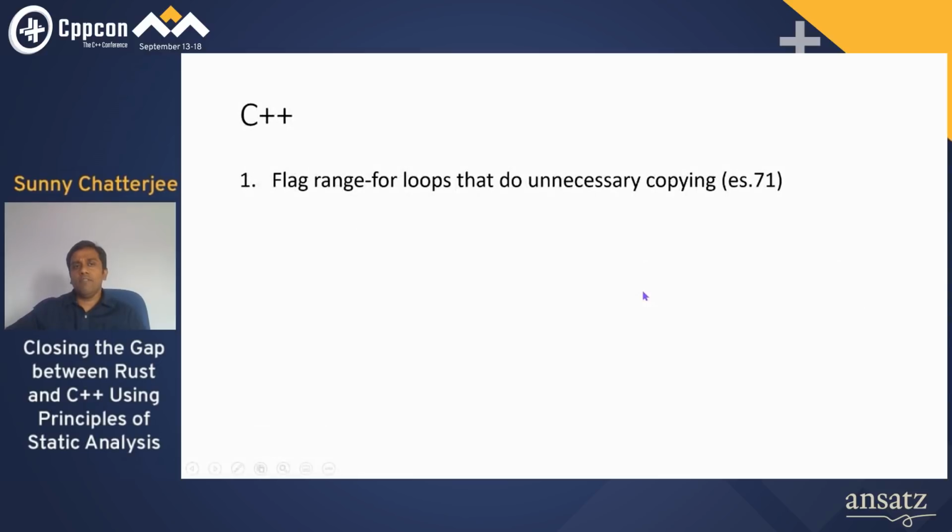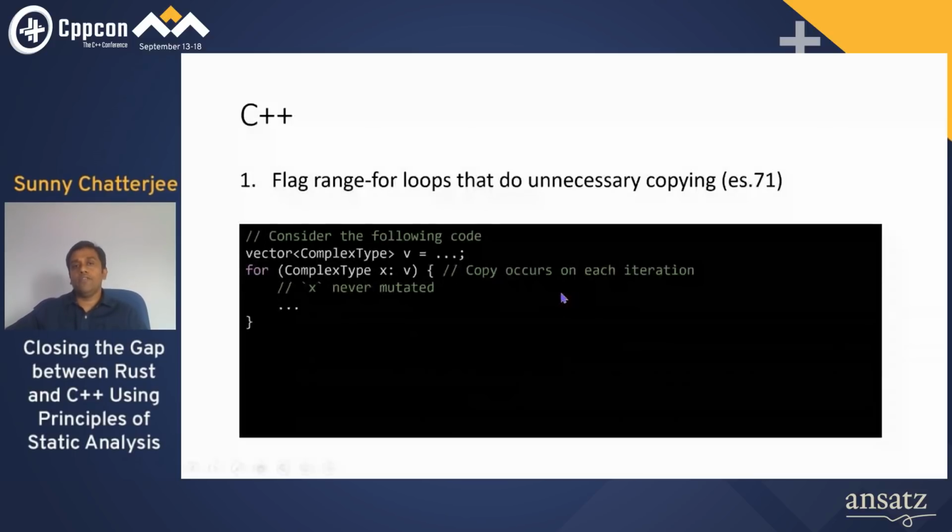In C++, we wanted to see what the side effects of these copies are. One interesting thing that came up was the inadvertent copies that happen in range for loops. So we wanted to flag range for loops that do unnecessary copying. Here is an example where you have a vector which has a complex type, imagine it's an expensive type, and you are iterating over that type in a range for loop in C++.